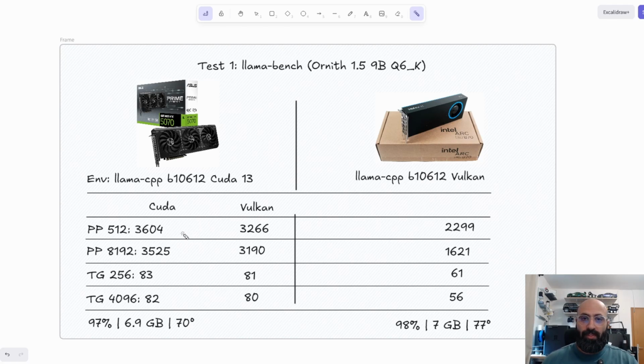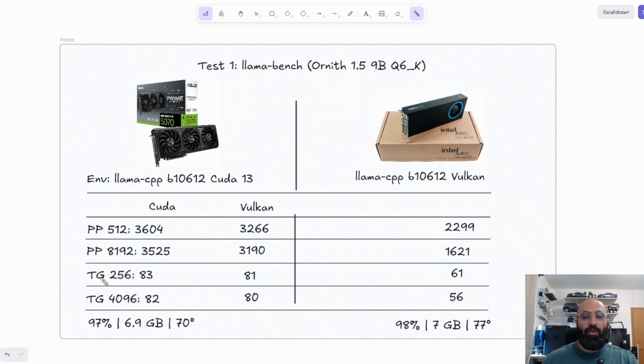For prompt processing, for 512 tokens, I got 3,600 tokens per second, and for prompt processing 8,192 tokens, I got a result of 3,525 tokens per second. Those numbers are lower on the Vulkan driver, and you can see it's maybe a 10% difference for the prompt processing.